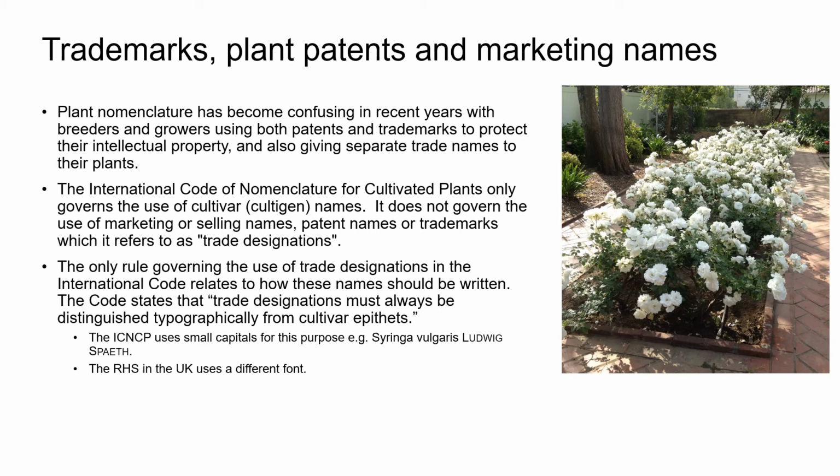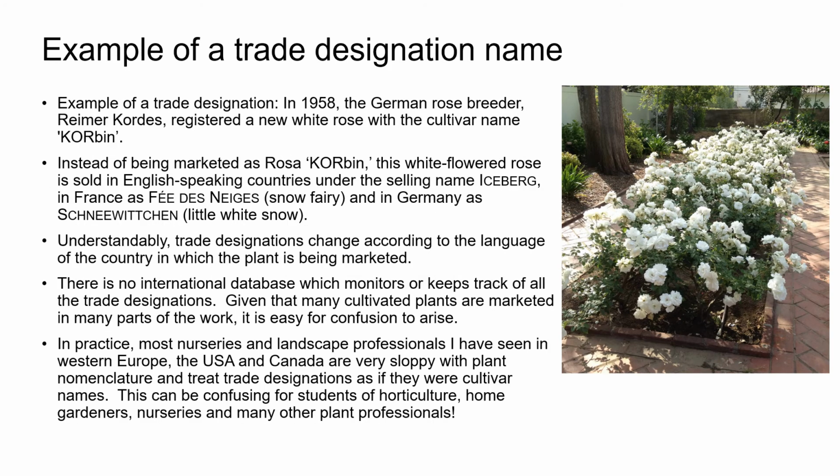So, for example, the RHS in the UK uses a different font. Some authorities just use small capitals for this purpose. And the reason for this is so that we can tell the difference between what is a registered cultivar name and a marketing name. Let's look at a well-known example of a trade designation.